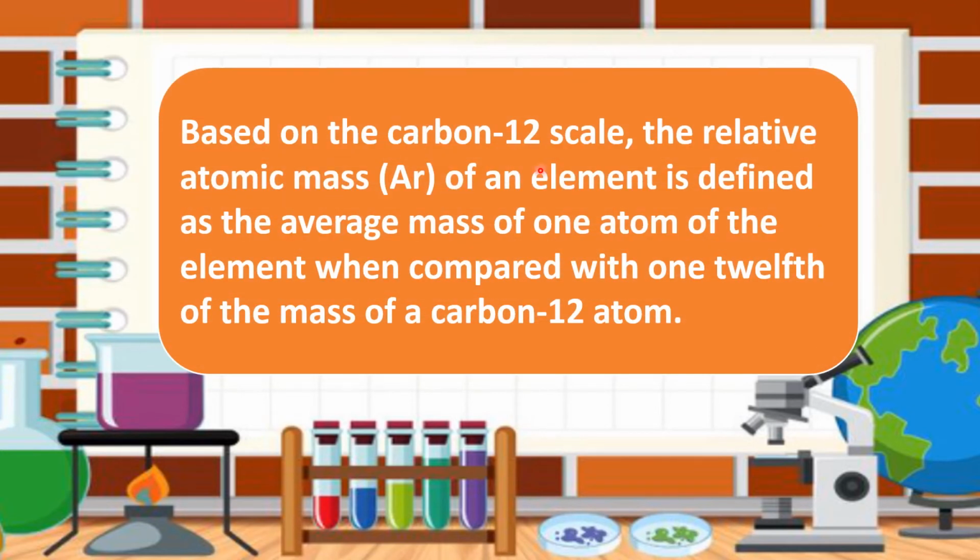So based on the carbon-12 scale, the relative atomic mass, or Ar symbol, of an element is defined as the average mass of one atom of the element when compared with 1/12 of the mass of a carbon-12 atom.